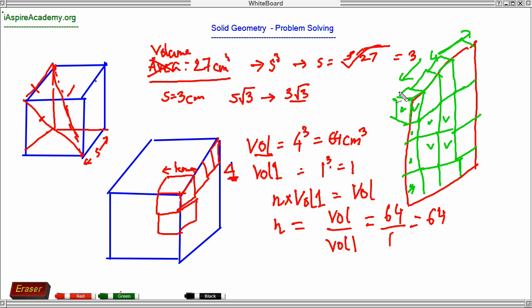So that means each surface of the cube would produce 4 such cubes which have only one surface painted. Let me choose a different color to denote those. So these 4 will have one surface painted.